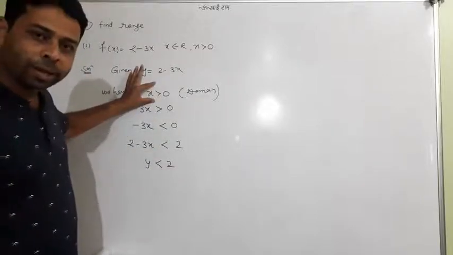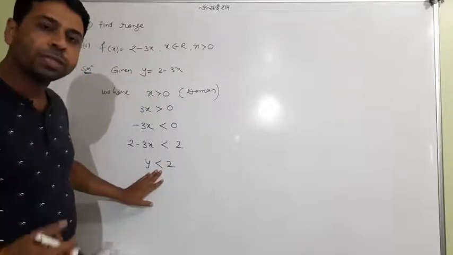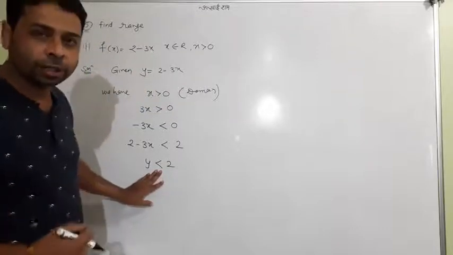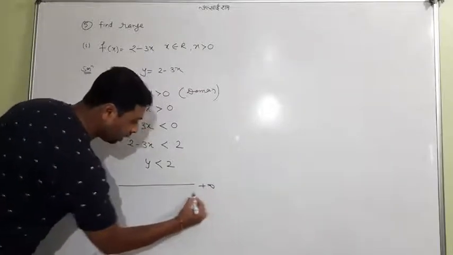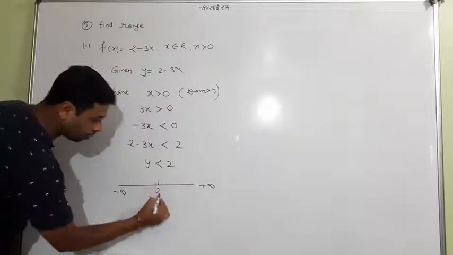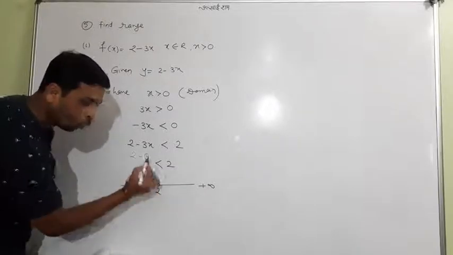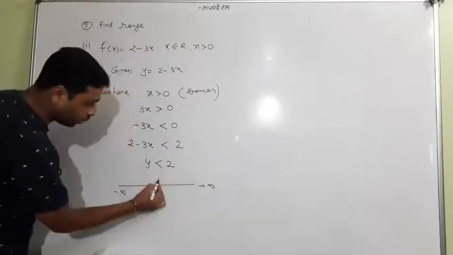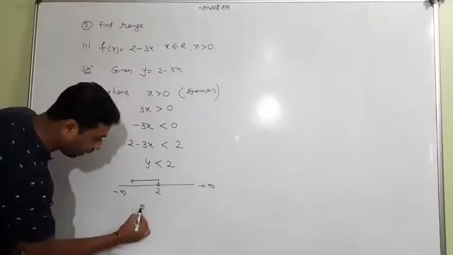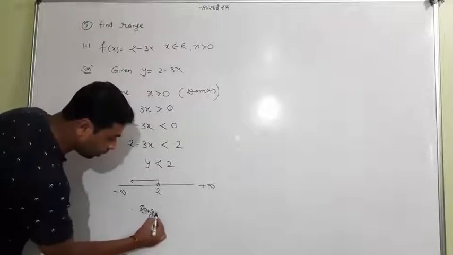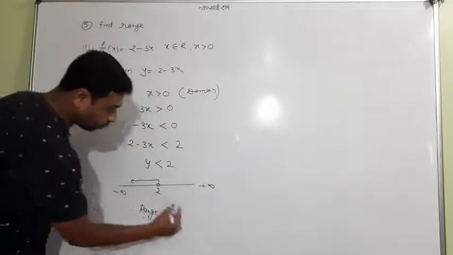This was the domain. With the help of this we have got y less than 2, which is none other than the range. If you want to show this range on a number line, this is 2, y is not equal to 2, so I use an open bubble, and y is less than 2. So the range is y belongs to minus infinity to 2.